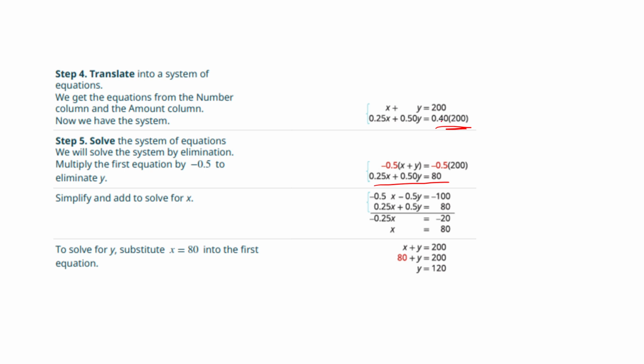It'll still work, and then you could just pick it up from that point and use 25x plus 50y equals whatever 40 times 200 is, or it'd be this one, it'd be 8,000. So I could do that. Or you can work with the decimals, whatever you want. And then we just get our same answers, doing the same thing, just using elimination.